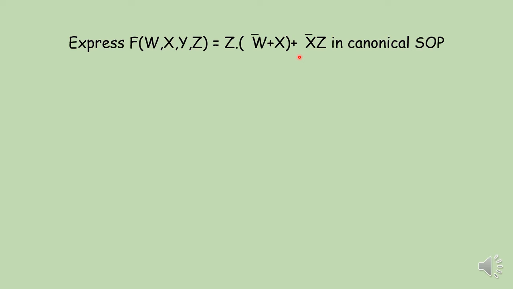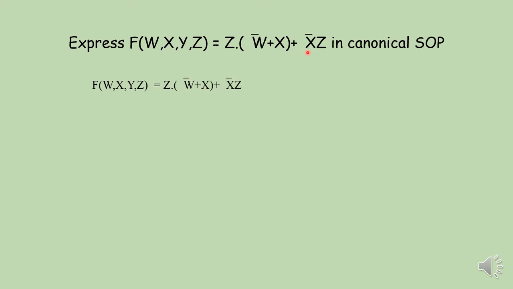We already discussed this topic: because some variable terms are missing in this expression. So, this is a non-canonical SOP form. In which process is a non-canonical SOP converted to canonical SOP?